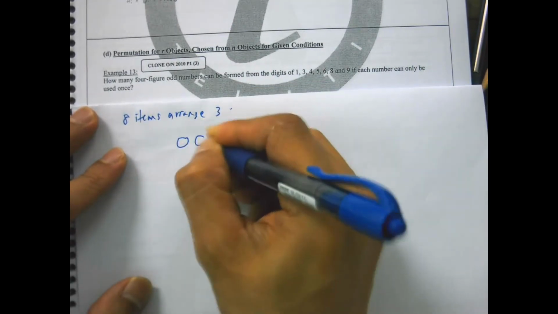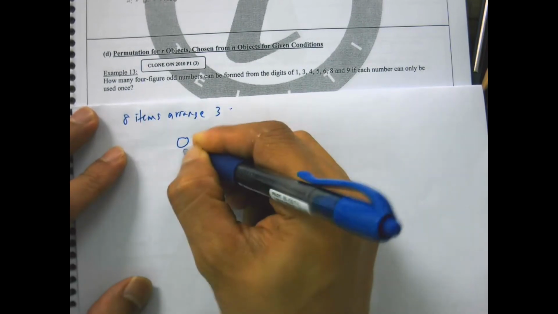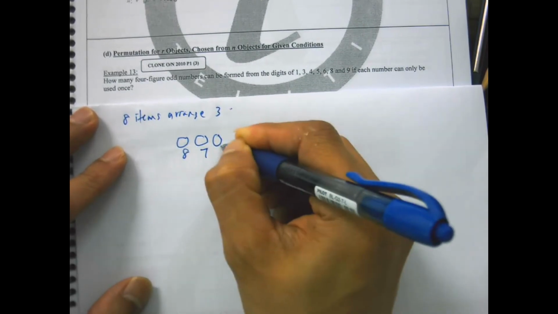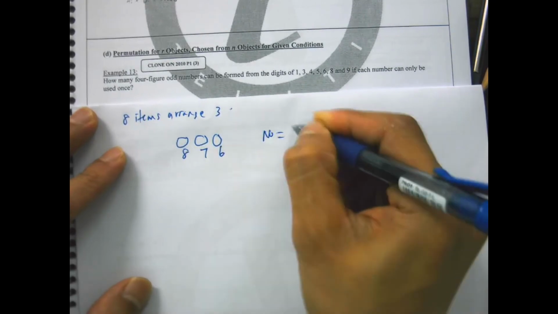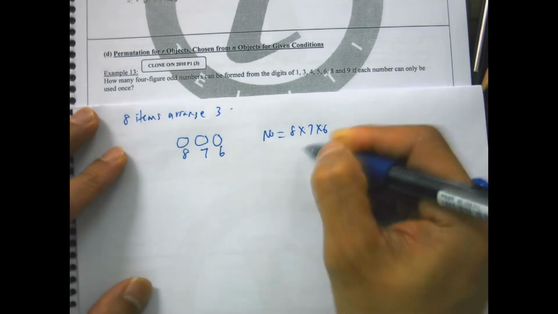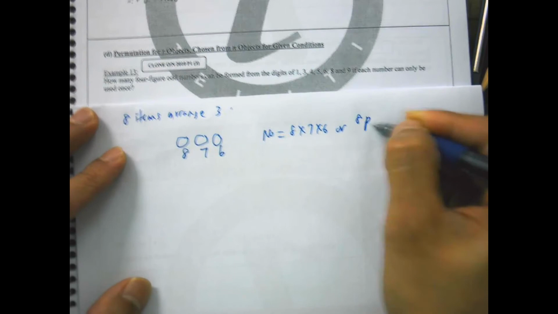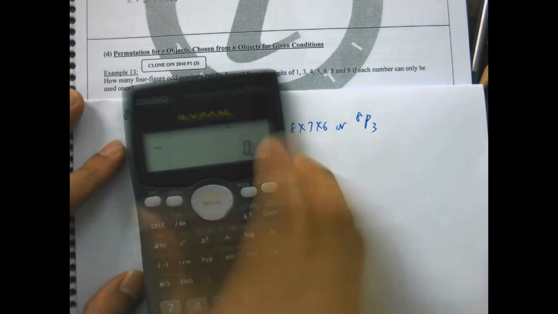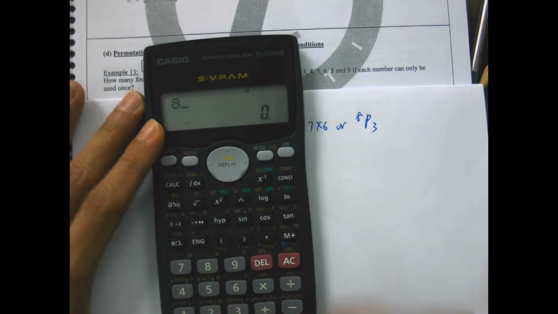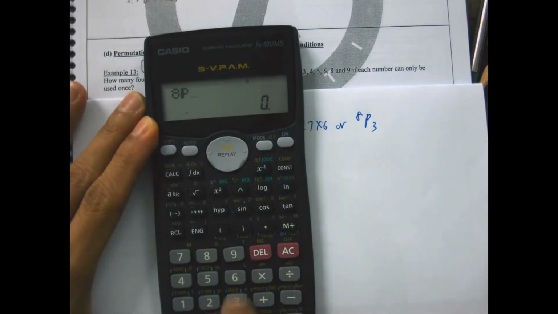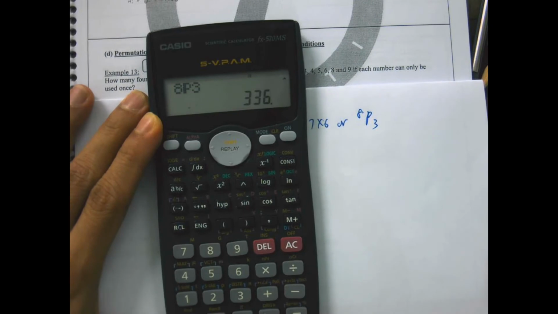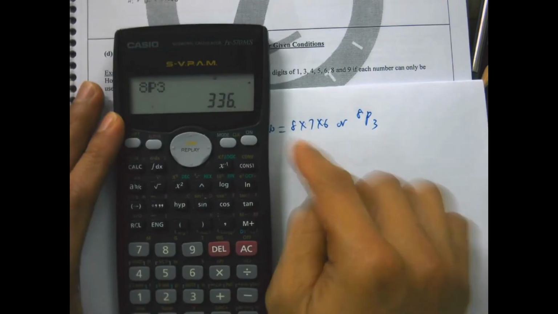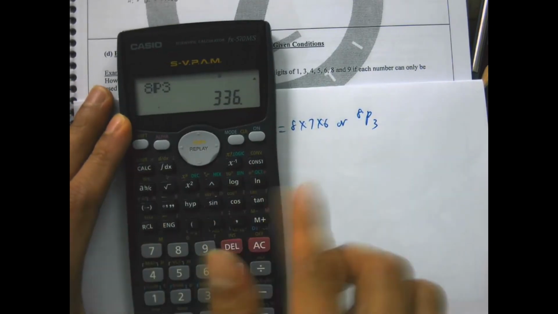Draw 3 boxes. Then this will be like 8, 7, 6. So the number of ways you can write this is 8 times 7 times 6, or you can use 8P3. Now 8P3 means 8 arrange 3. P stands for permutation. It's here. 8 shift multiply 3. The result is 336.